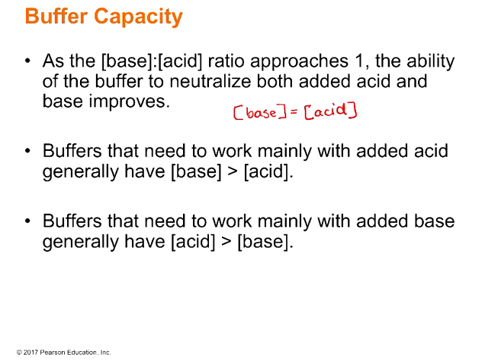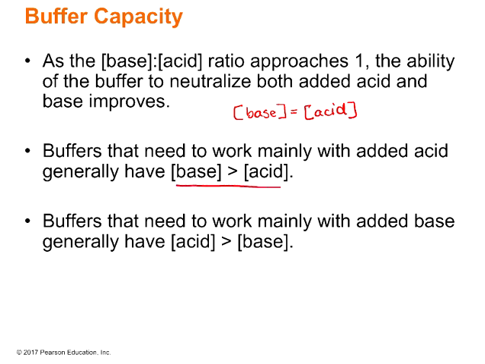Or if they're not exactly equal, we want them to be pretty close to each other. Now, sometimes we do need a ratio that's slightly off of 1. So for instance, if we're using a buffer that needs to work mainly with added acid, we want the concentration of the base in the buffer to be slightly greater than the concentration of the acid.